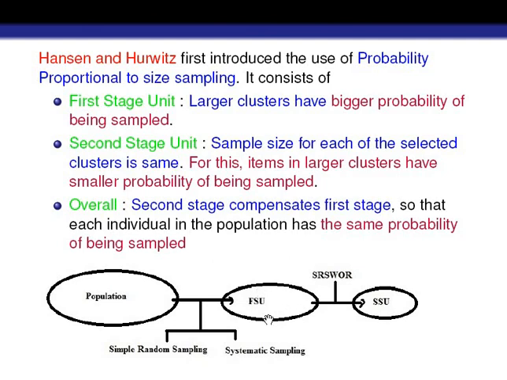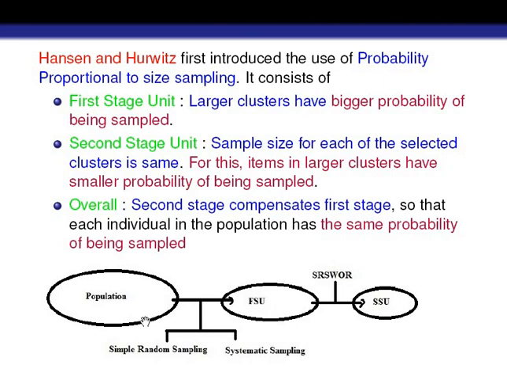In simple cluster sampling or simple two-stage sampling, each cluster within the population has the same probability of being selected in the first stage unit, isn't it? But in probability proportional to size sampling, larger clusters have a bigger probability of being selected in the first stage unit. This is one of the differences. In simple two-stage sampling, we generally apply simple random sampling without replacement to draw clusters from the population for our first stage unit.